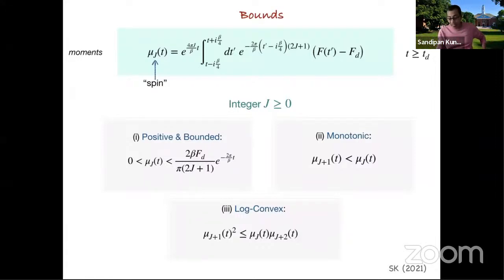Then, without going into detail, these moments by definition satisfy some differential equations. So when you make sure that the thing that saturates the log convexity condition obeys that differential equation, it gives you the undetermined function of time.